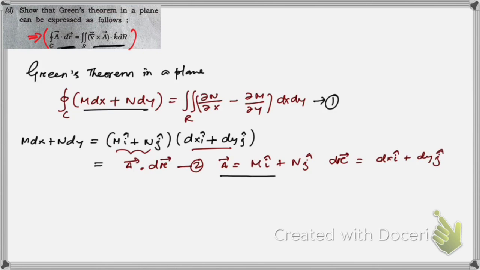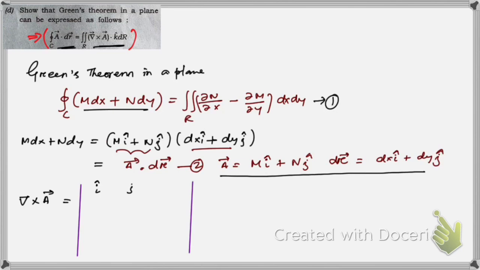Now you see what we can do here. We know the curl of vector A. How to find that? Let me find the curl, right? So del cross A, that is i cap, j cap and k cap, then del by del x, del by del y, and we don't have a z component here, so del by del z.